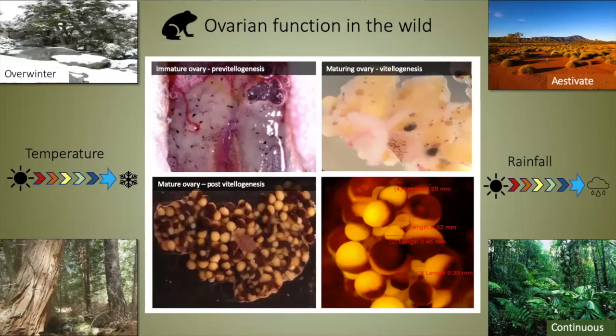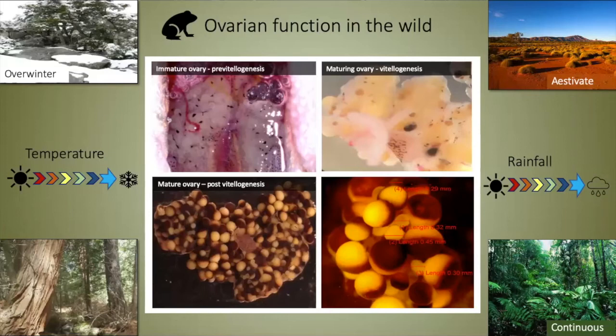For females, particularly high altitude temperate species like the one I worked on, the mountain yellow-legged frog, reproduction, specifically folliculogenesis, the development of follicles within the ovary, is tightly linked to environmental changes in temperature. This is characterized by a series of cellular events that take place in the nucleus and cytoplasm of the developing oocytes, and these are key to the growth and maturation of these oocytes.